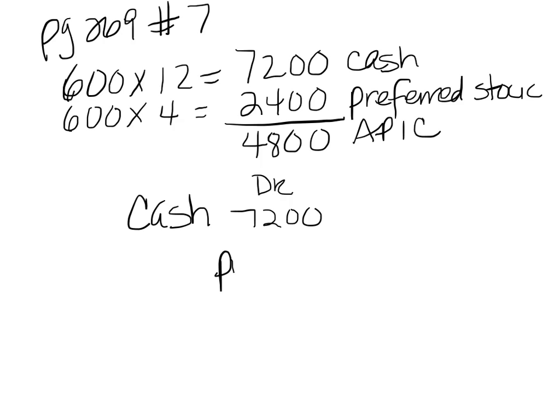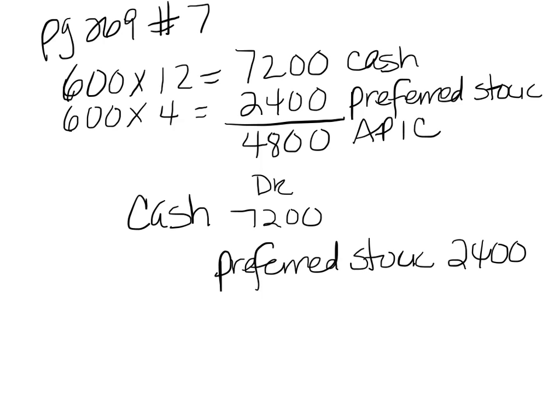We would credit preferred stock for $2,400 and credit APIC, or additional paid in capital, if you want to make it longer, for $4,800. And that is how you record preferred stock. No difference than what we did in the common stock.